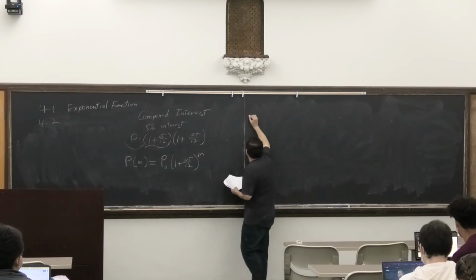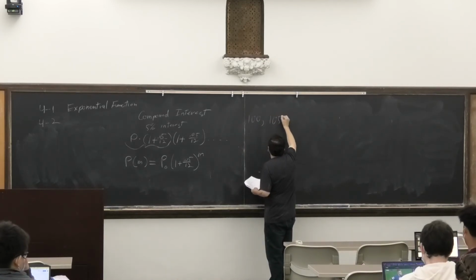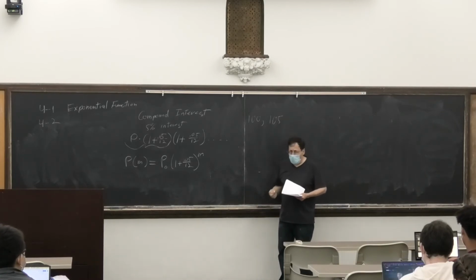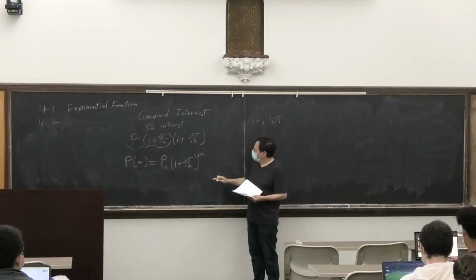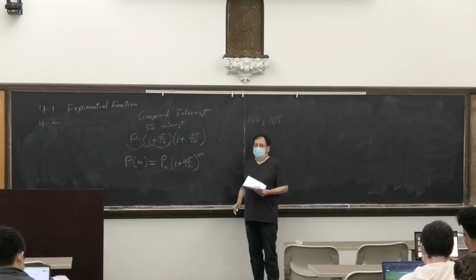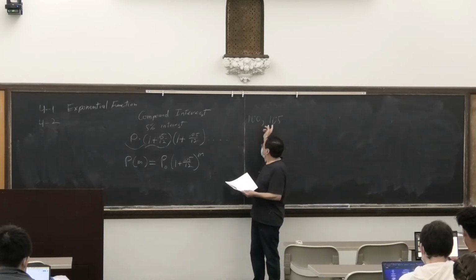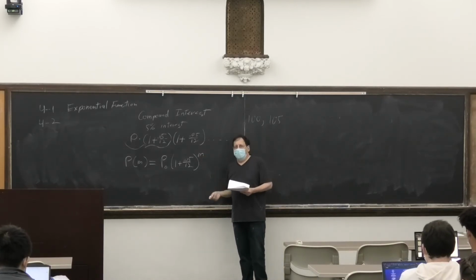So you start with $100. At the end of the first year, you've got 105, and so forth. Or, as in this example, they might compound it every month. If you go in after 6 months, you don't have 105, but you have more than half that.